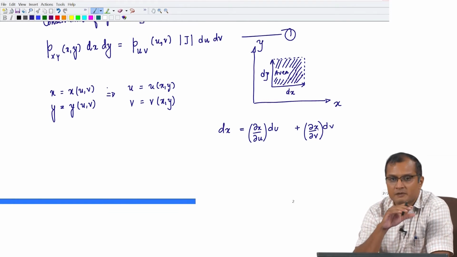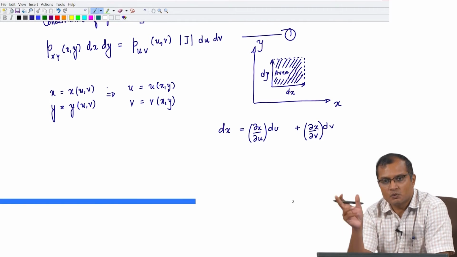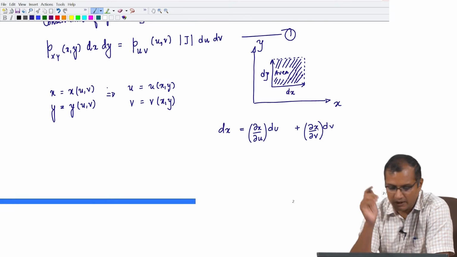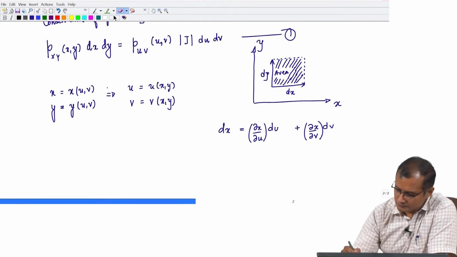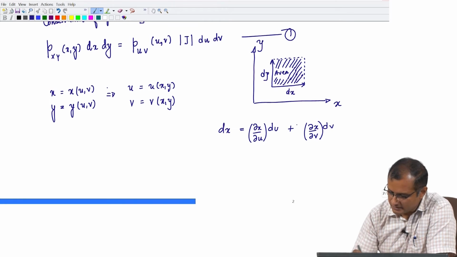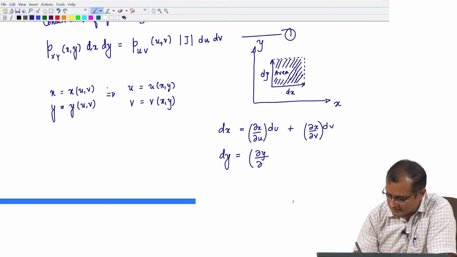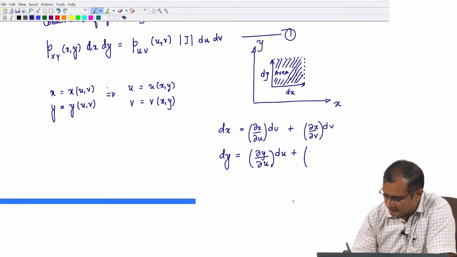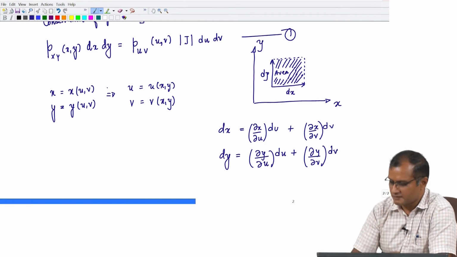So, this is the total displacement affected in x due to individual displacements in u and v. Okay. So, I will rewrite this for displacement along y, then it is easy to see that this is just dy by du times du plus dy by dv times dv.